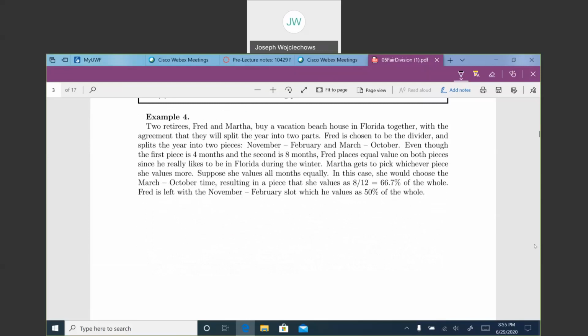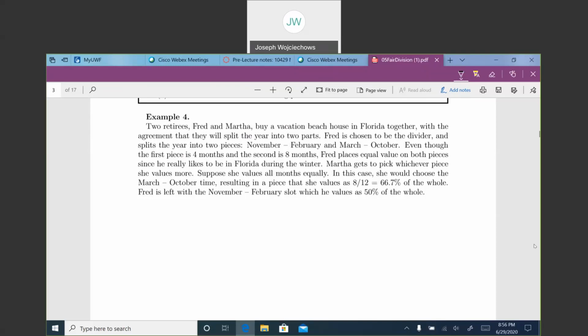So we have Fred and Martha, who buy a vacation beach house in Florida together, with the agreement that they will split the year into 2 parts. Fred is chosen to be the divider and splits the year into 2 pieces, from November to February and from March to October. Even though the first piece is only 4 months and the second is 8, Fred places equal value on both pieces since he really likes to be in Florida during the winter.